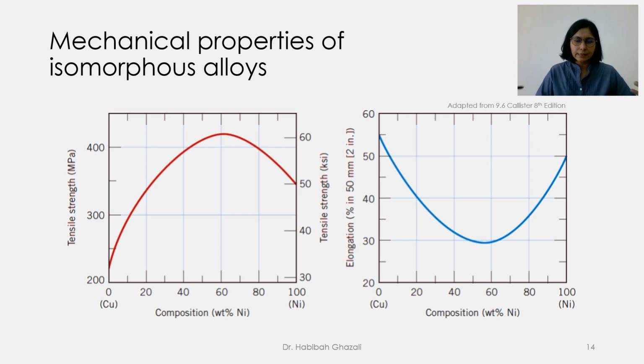Alright, before we end this lecture, let's briefly discuss how the mechanical properties of a solid isomorphous alloy are affected by its composition. If we hold the grain size constant, so that alloys of different composition have the same grain size, then below the solidus line only a single-phase solid solution will exist.